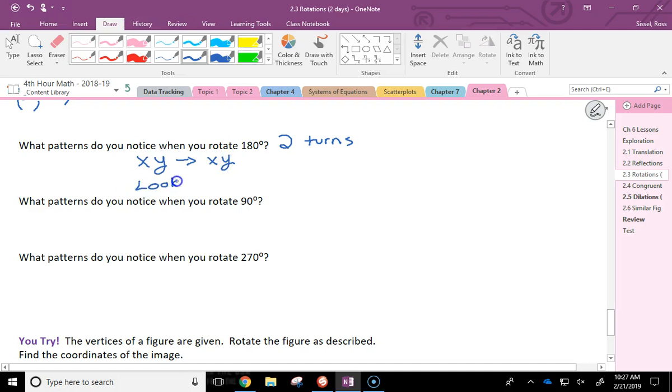Look at quadrant there. Rotate 90 degrees: x, y flip their numbers. With 270 degrees, that's our 3 turns: x, y flip numbers.